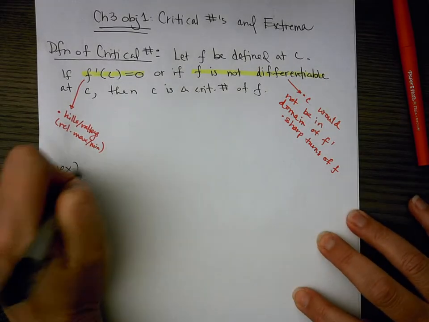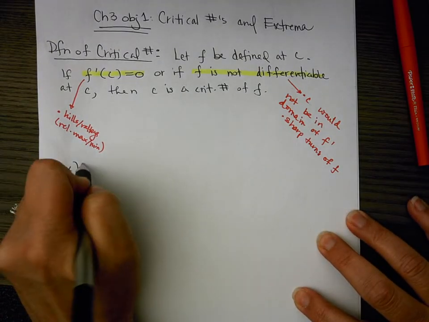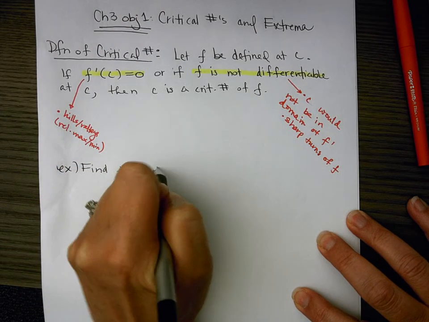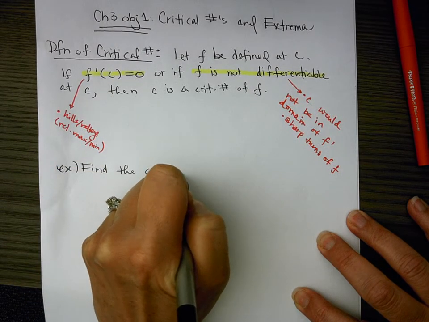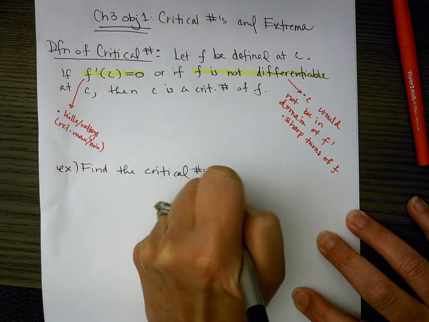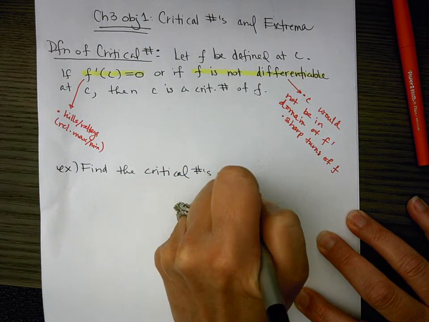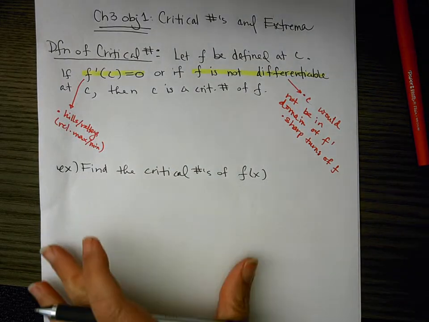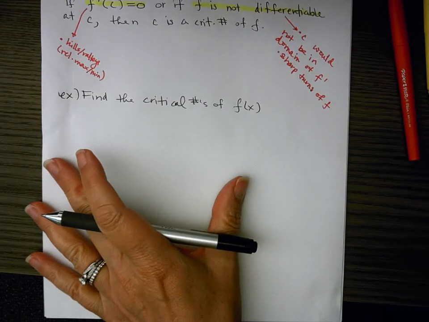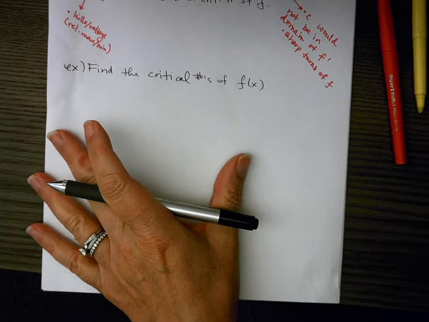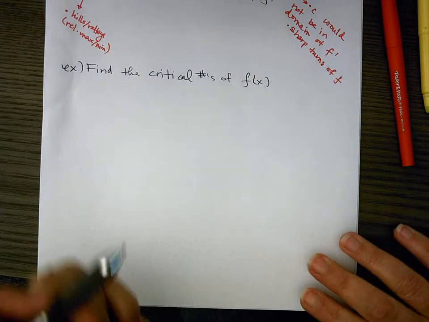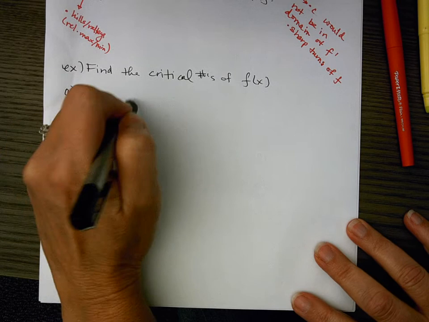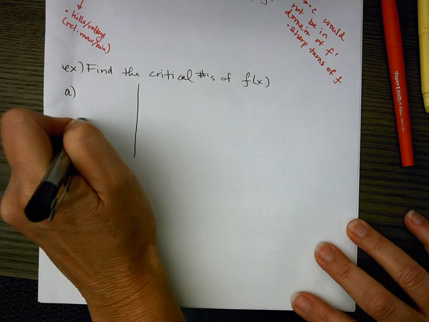So for our first example, we're going to be looking for the critical numbers of f. So find the critical numbers of f of x. Okay, and so our first example will be working off of a graph. So I'm going to draw a graph here.